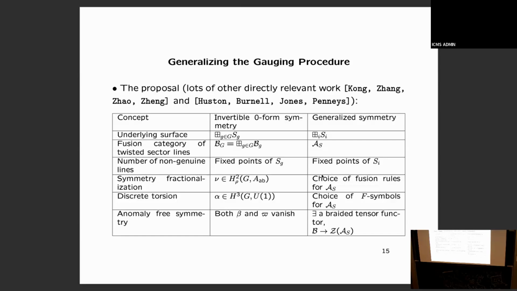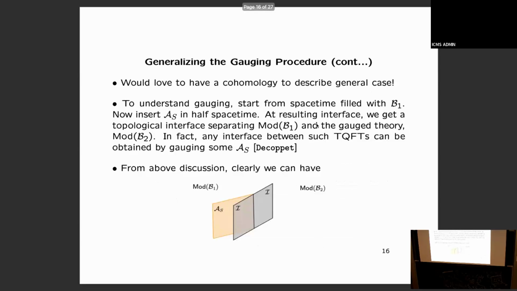Here we have a nice cohomological description in terms of H2, H3, H4, and it'd be very interesting to understand if there's some kind of cohomological or generalized cohomological definition in the generalized symmetry case. So I don't have an answer to that.